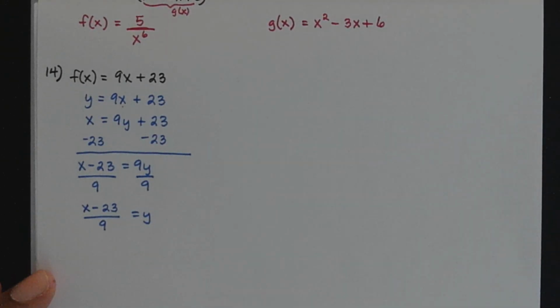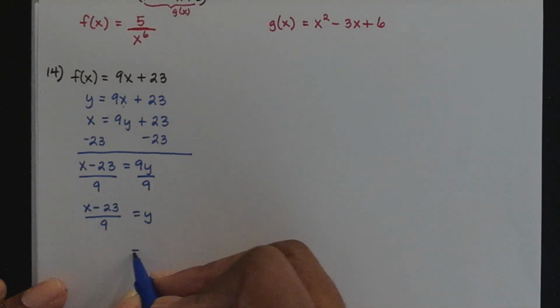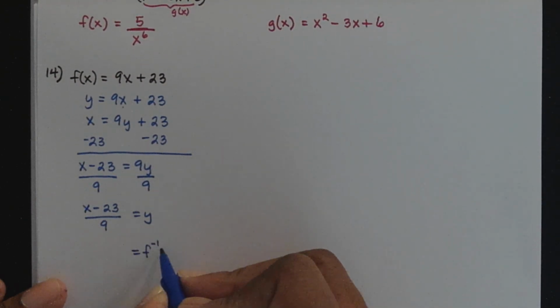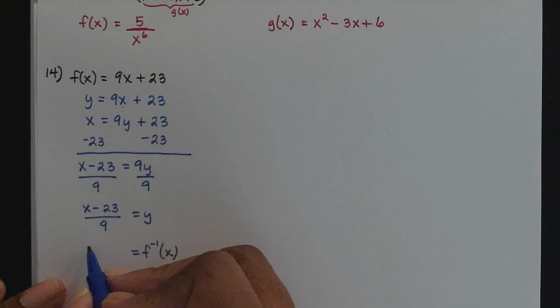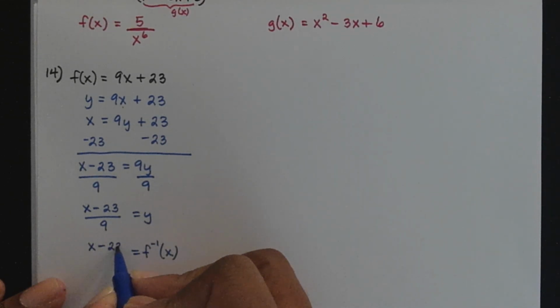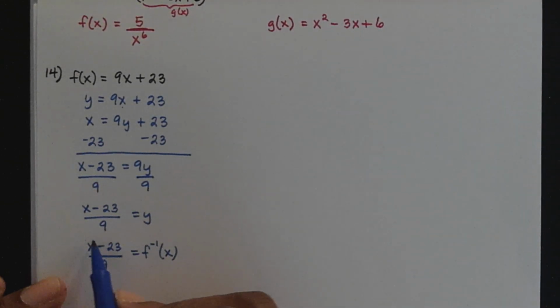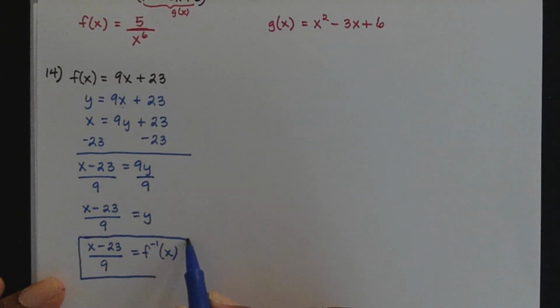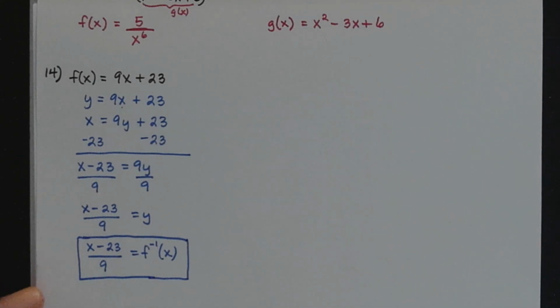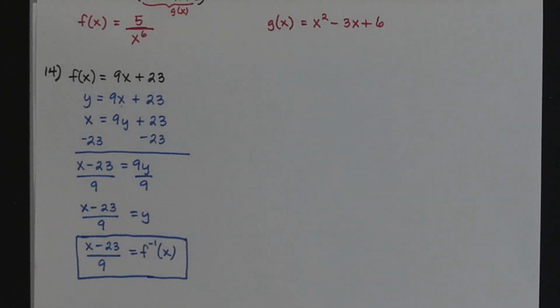The final step is to replace the y with the notation f inverse of x. So f inverse of x will be equal to x minus 23 divided by 9. Are there any questions about problem number 14?